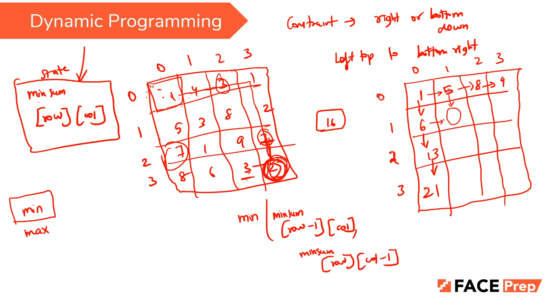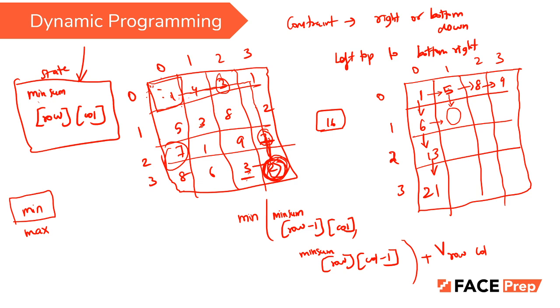So what is this, right? This is reducing it by one column. This is reducing it by one row. So I need to calculate this using this. Not only that, after calculating the minimum, I also need to add the value at the row column. So what is the value at the row column?